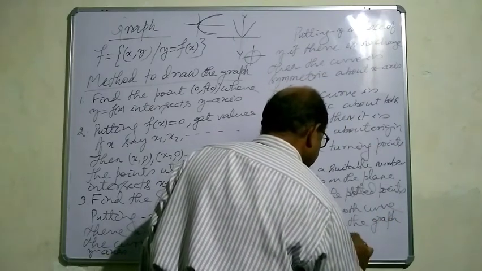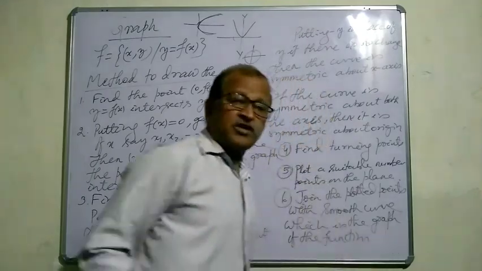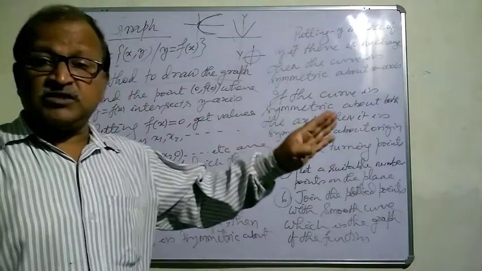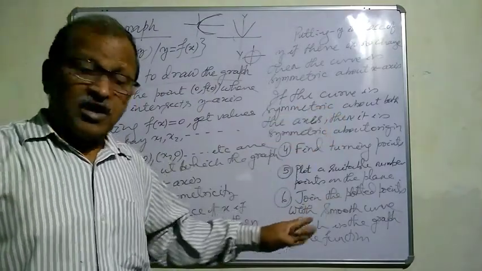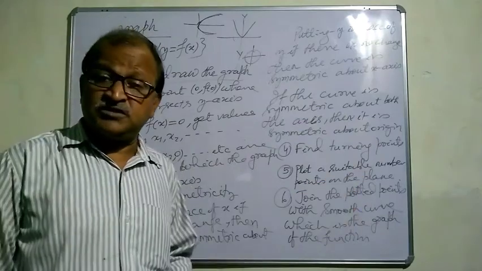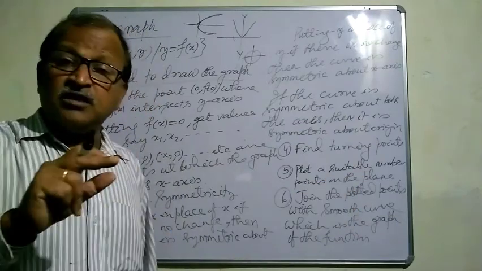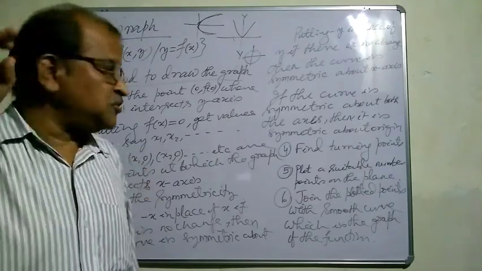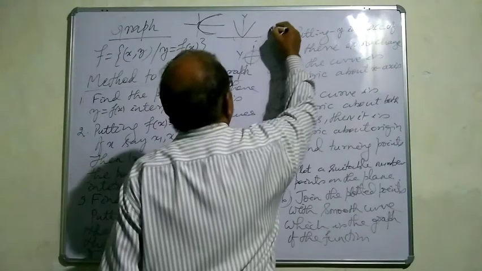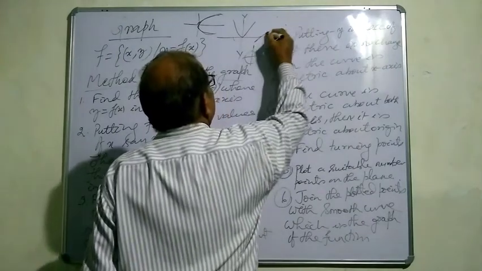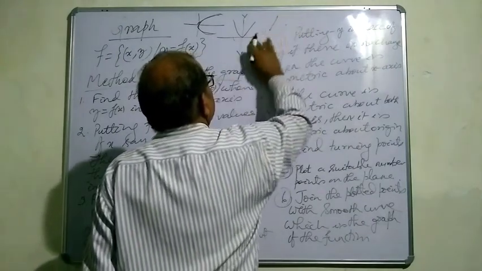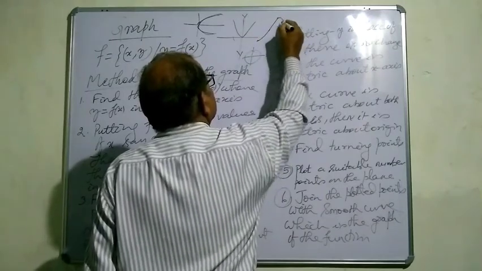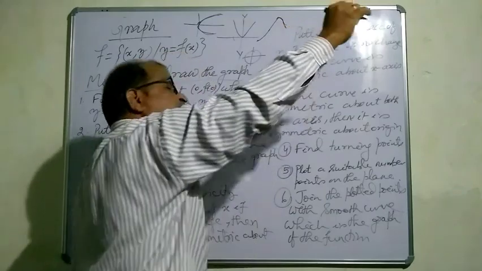If you plot the points on the graph paper and join them smoothly, you cannot change direction suddenly. You can change the direction smoothly. Suppose here is a point, here is a point, here is a point. You cannot join like this, you can join like this. That will give you the graph.